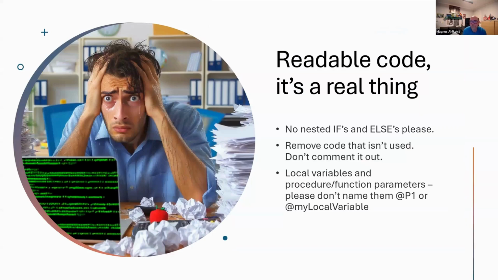So also when you write your code, make it readable, not only by having a naming convention that doesn't hurt my eyes. One example is just don't nest ifs and elses in your code. I have written, unfortunately, stored procedures which are like 1,000 lines long, and it starts with an if statement and then 500 lines of code, and then an else statement and then another 500 lines of code.